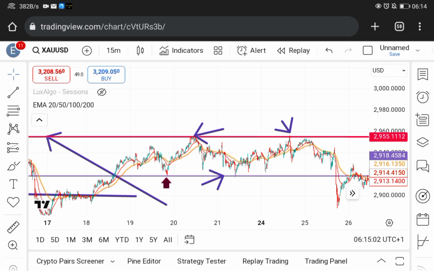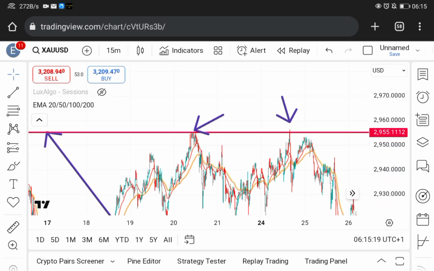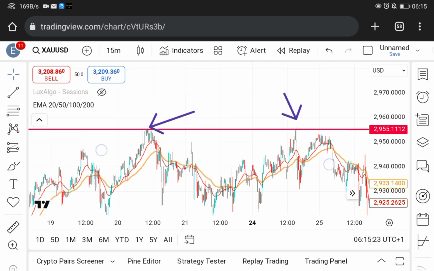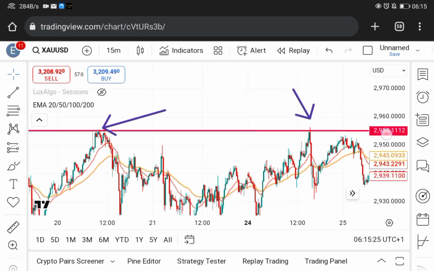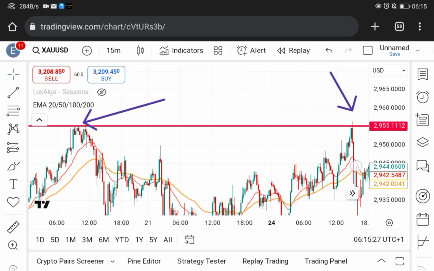If you are to go to your 5 minutes, only this one trade alone can give you 1:40, 1:30, because this is gold. It's very volatile. So only one trade here can give you 1:40. But if you are using M15, you can go between 1:15, 1:20, or 1:25. So I'm using my M15.